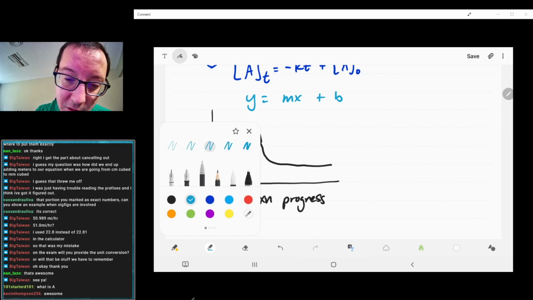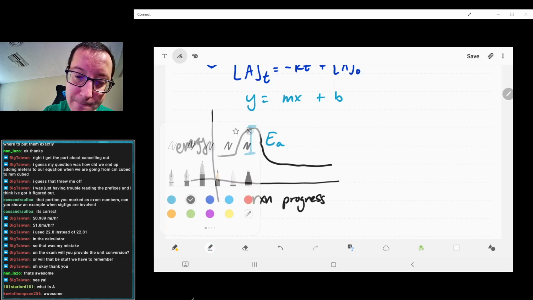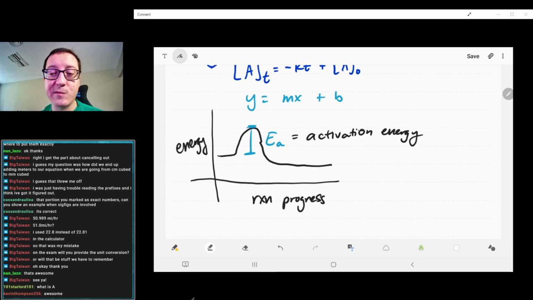We saw that there were a couple of interesting components on there. We saw that this one was the activation energy for the reaction. And that's the spark that's needed to get stuff going. It's the energy required to reach the transition state.